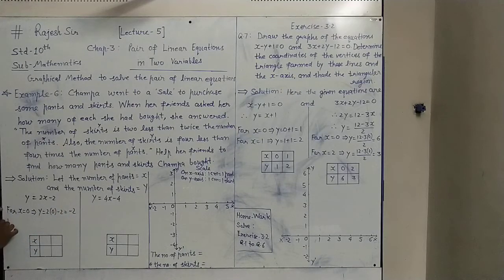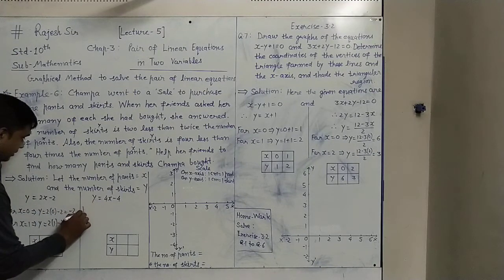For one more value, suppose x = 1, y = 2 times 1 minus 2, which is 0. So two pairs of x and y values are x = 0, y = -2 and x = 1, y = 0. This way we got two solutions of this equation. Similarly, two solutions of the other equation can also be found.